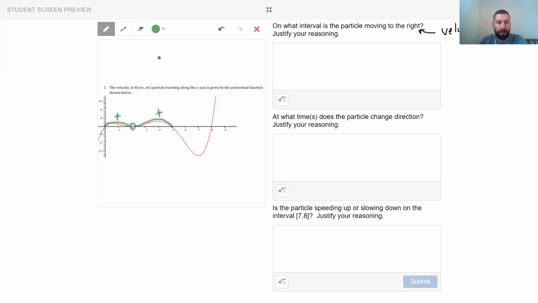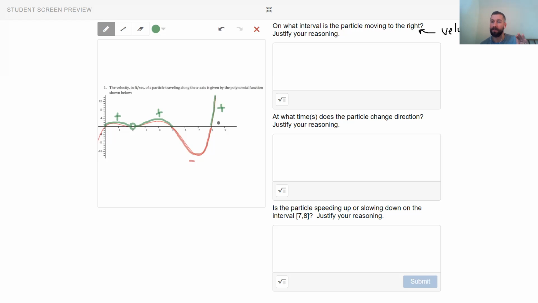And then we can see that the graph drops down below the axis. So that means the velocity must be negative. And then finally the velocity goes above the axis again. The velocity again is positive.